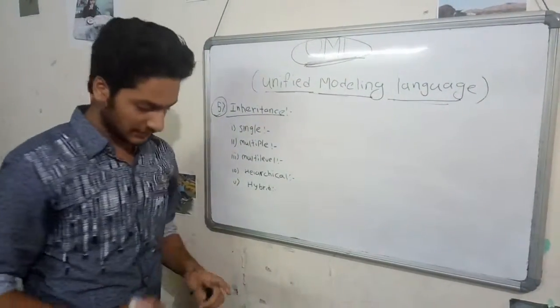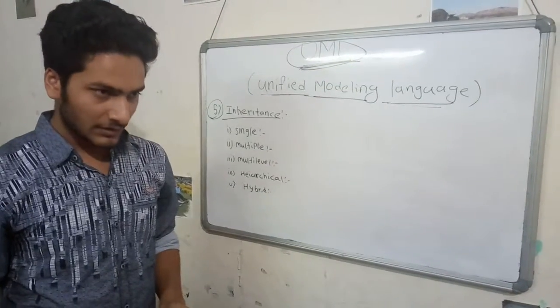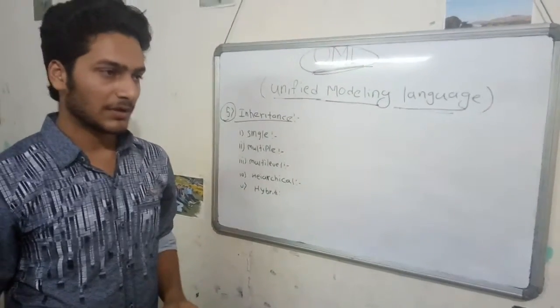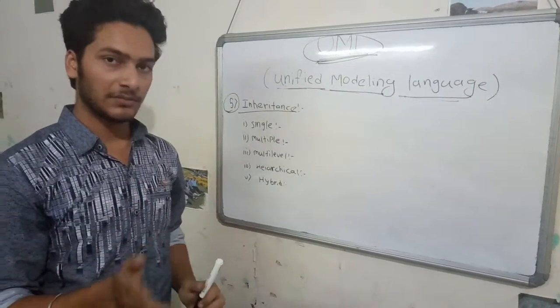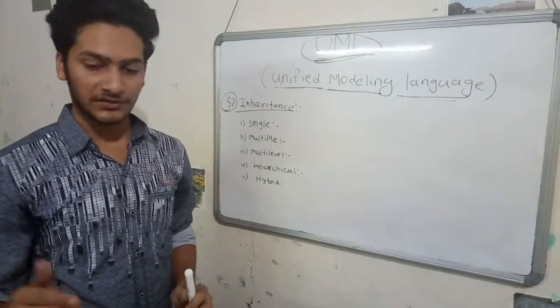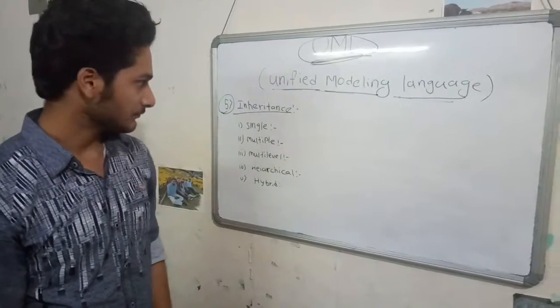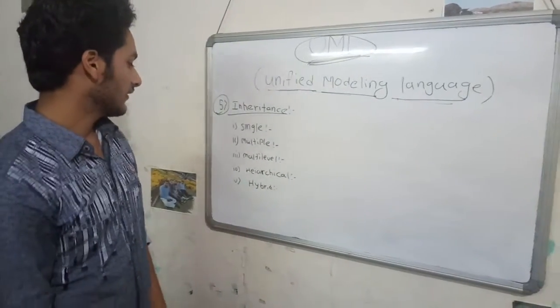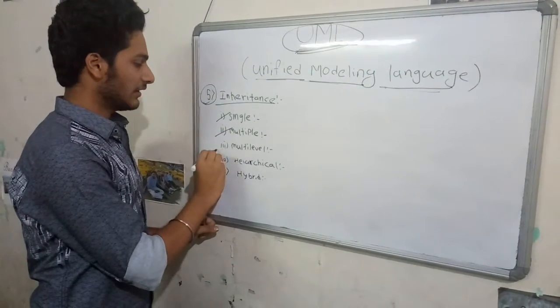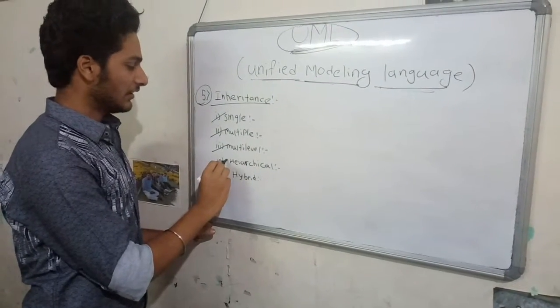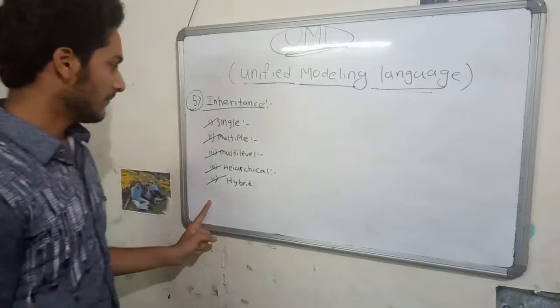The fifth topic of this video lecture is inheritance. So what is inheritance? Inheritance is the property by which we inherit the properties of a superclass, that is the parent class, into a subclass, that is the child class. Inheritance has 5 types: single inheritance, multiple inheritance, multi-level inheritance, hierarchical inheritance, and hybrid inheritance.